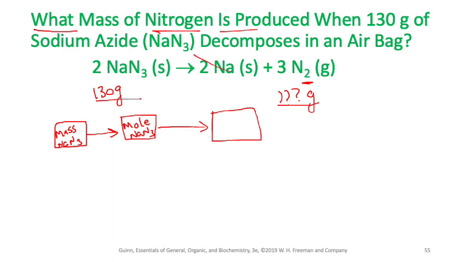We are ignoring sodium in this reaction because nothing is being given and nothing is being asked, so we ignore sodium. Our focus is between NaN3 and nitrogen. To get the grams of nitrogen gas, before I can convert to grams, we need to have moles of nitrogen. Then I can use the rule that converts moles of nitrogen to the mass of nitrogen.